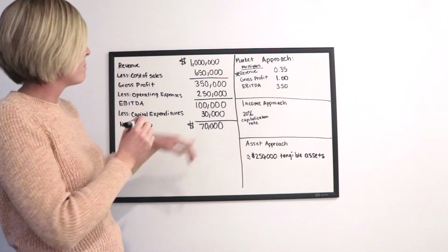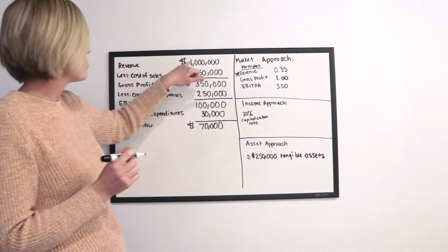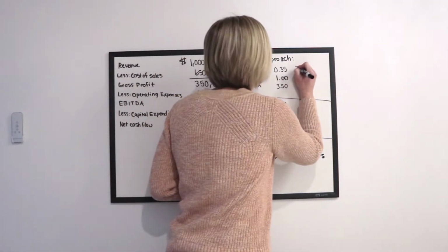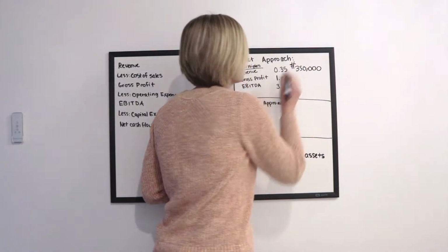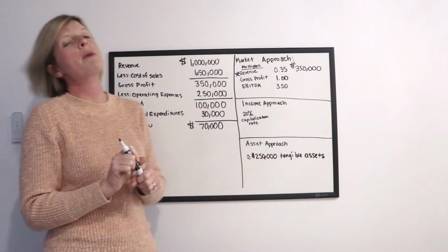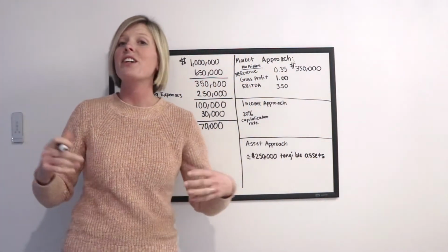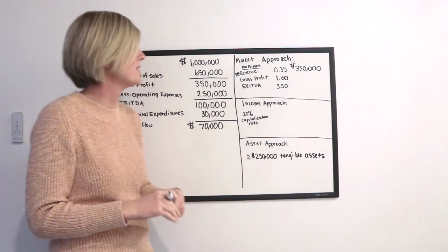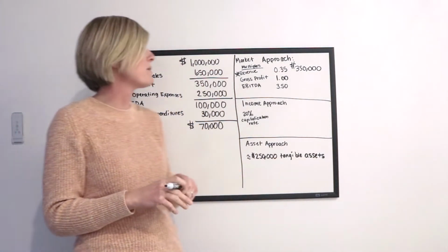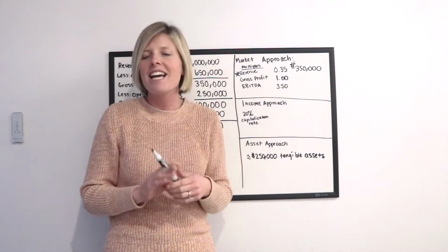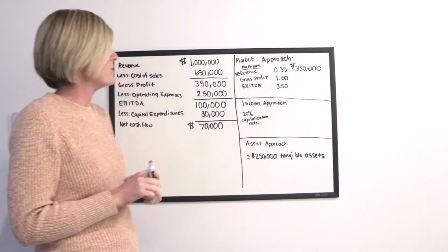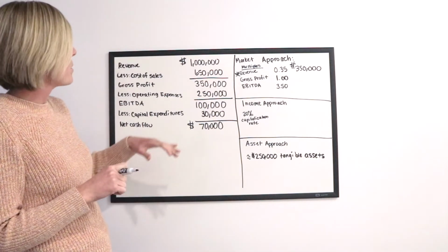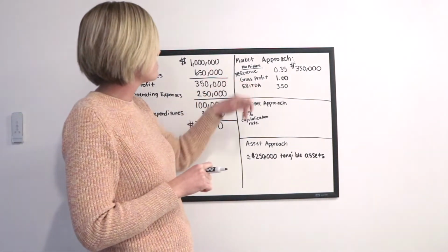So we're going to apply that to our revenue, and get to 350,000. Now you're going to pick up pretty quick that we're working in a very perfect world here with this example. So everything's going to come out exactly as we would like it to, and everything's going to be super easy.